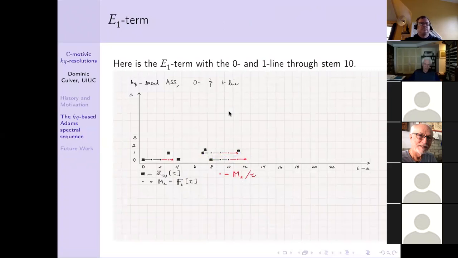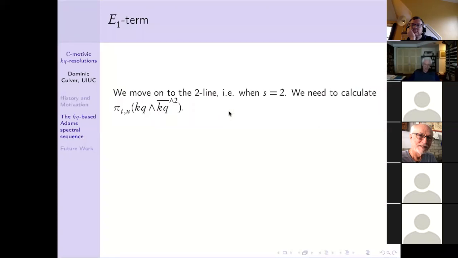This extra black box over here is coming from sigma 8 for HZ2, which I haven't told you how to calculate, but it's the only contribution of HZ2 in this range, so I'm kind of ignoring that for the most part. But in any case, now let's move on to the 2 line.